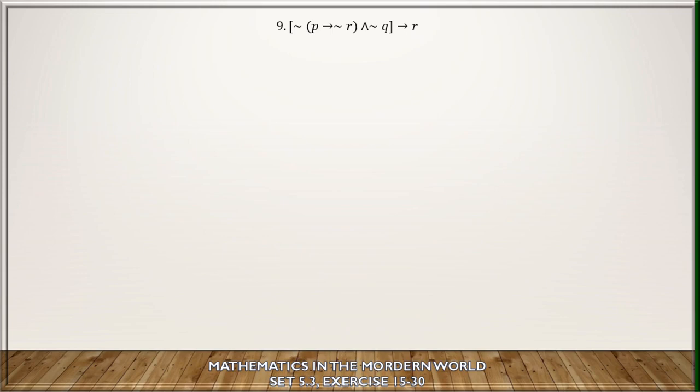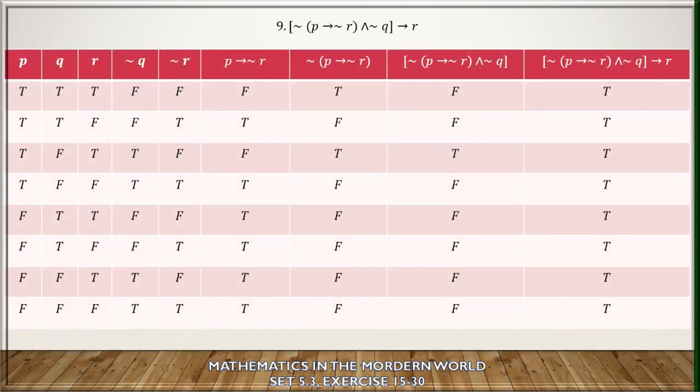The conditional of the conjunction, the negation of P, then not R, and not Q, then R. So we have this table. We have P, Q, R. So this we have not Q, and not R, this one.